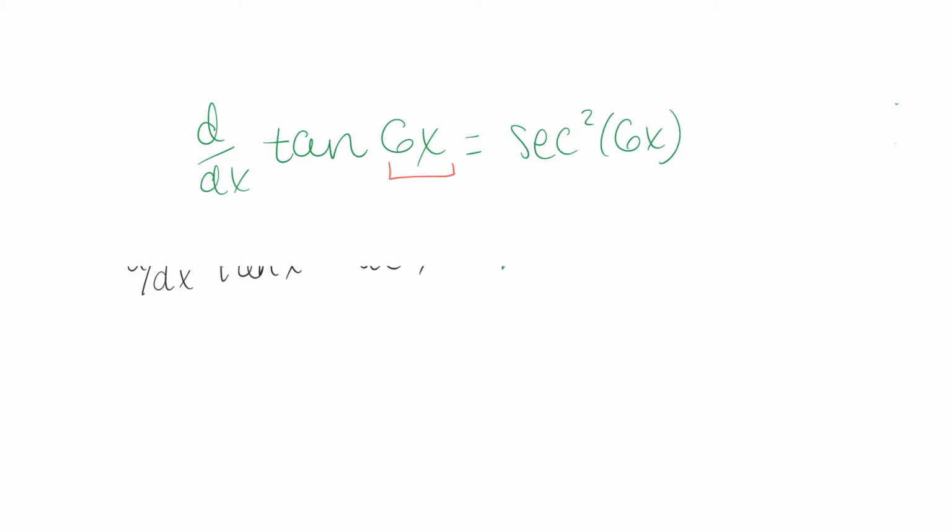Now, we then need to multiply by the derivative of 6x, which is 6. So that 6 is going to move to the front because it's just being multiplied. So the answer is 6 secant squared 6x, because we had chain rule in there. That seems pretty straightforward.